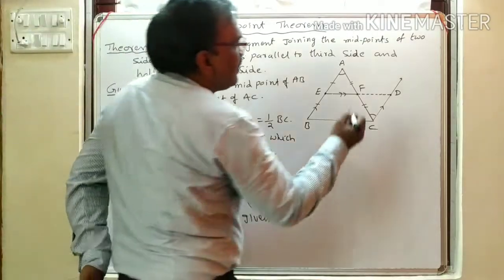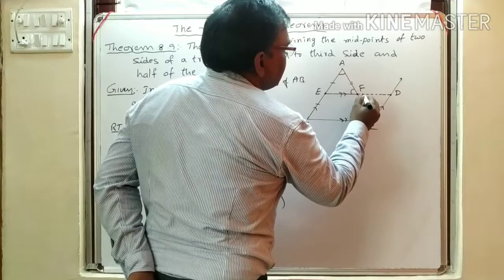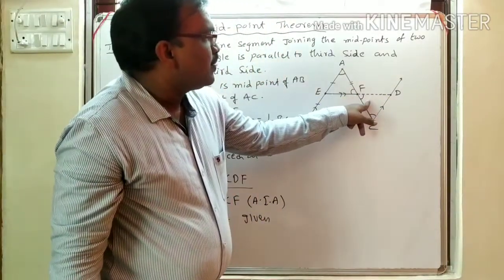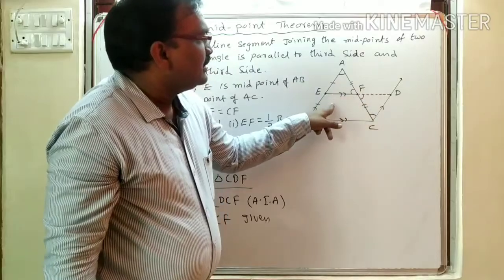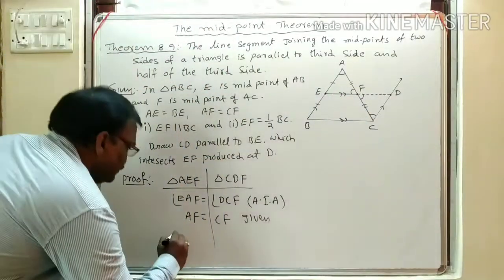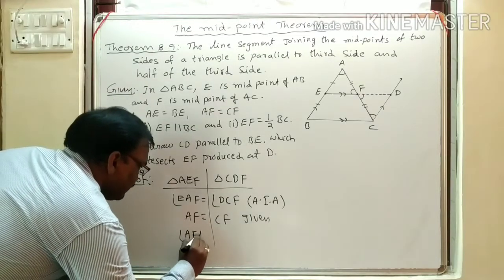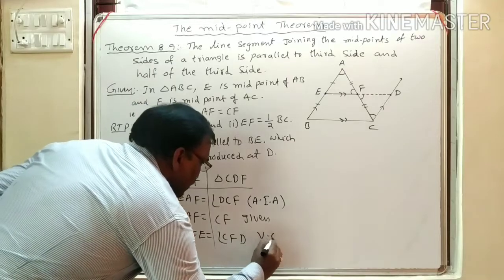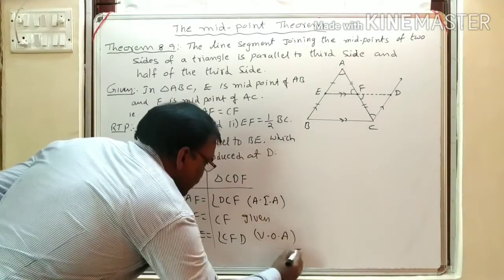Next, observe these two angles. These two are vertically opposite angles. So angle AFE is equal to angle CFD, vertically opposite angles.